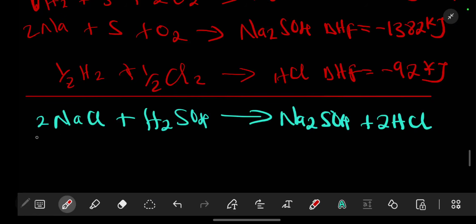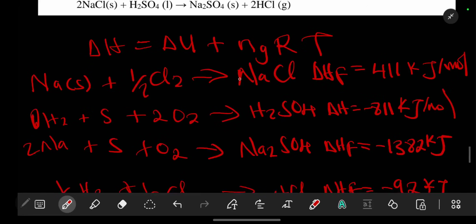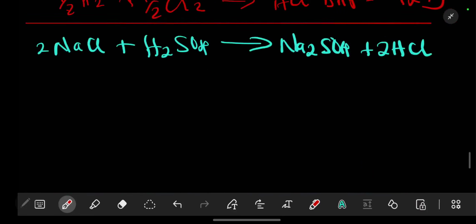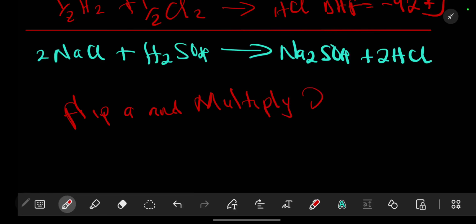So they want this equation, so sodium should be this side. Look at your equation 1. In your equation 1, sodium is the other side, and it lacks a 2. So you're going to say flip A and multiply by 2.